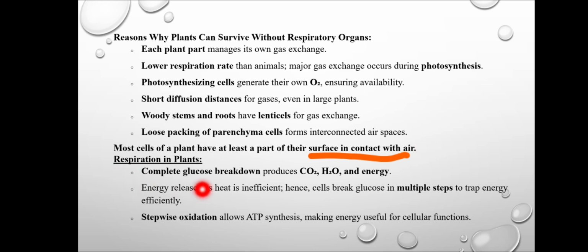In plants, glucose as the respiratory substrate will break down completely into CO2, H2O and energy. This breakdown is a multi-step process with stepwise oxidation of substrate which allows ATP synthesis.